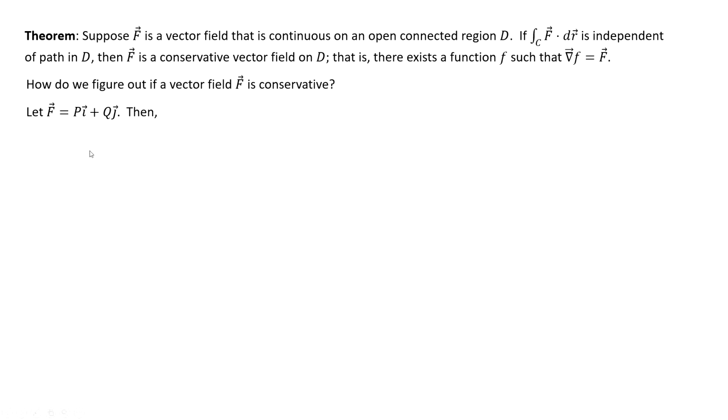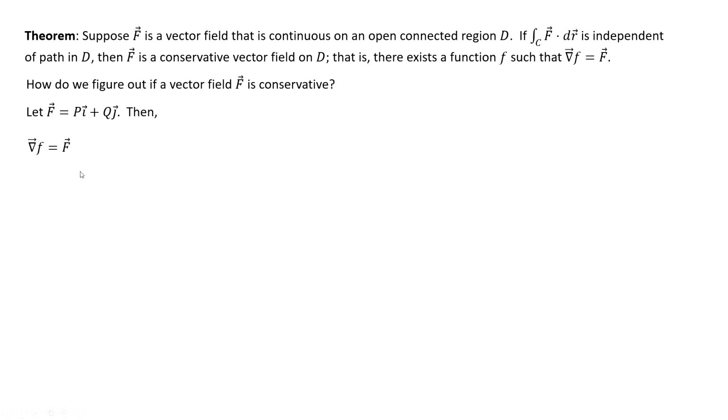Okay, let F equal some Pi plus Qj, some P of x, y or P of x, y, z plus Q of x, y, z j. Because, okay, let's stay with only 2D, R2. In R2, we have F of x, y, a vector field, is P of x, y i plus Q of x, y j.